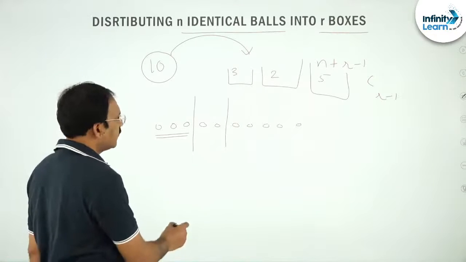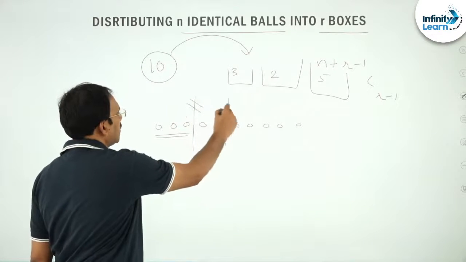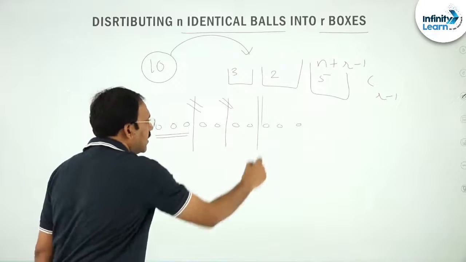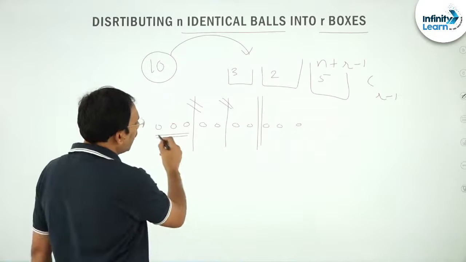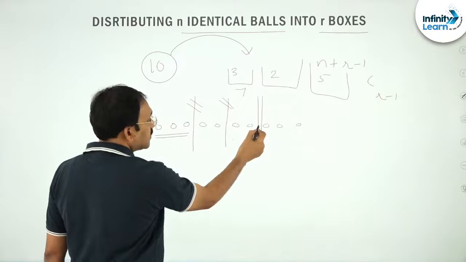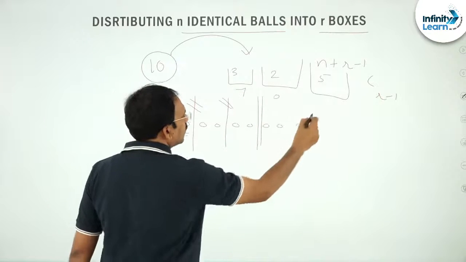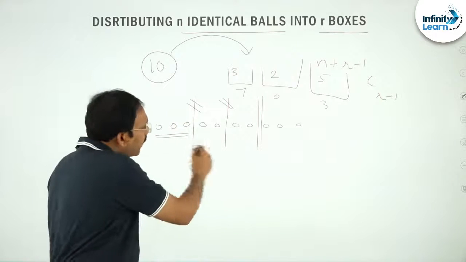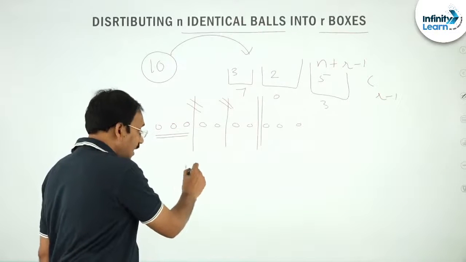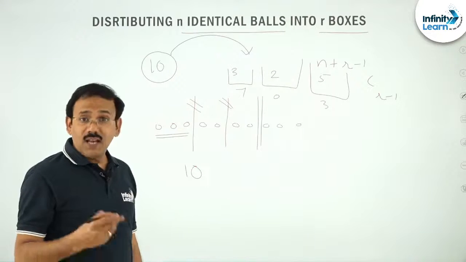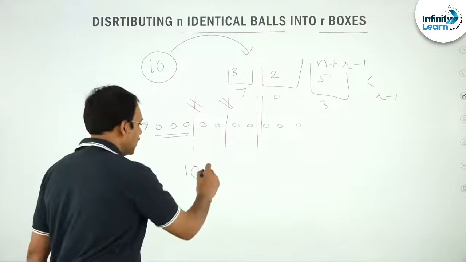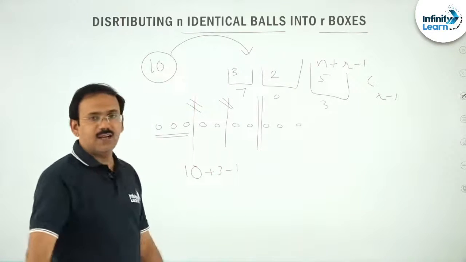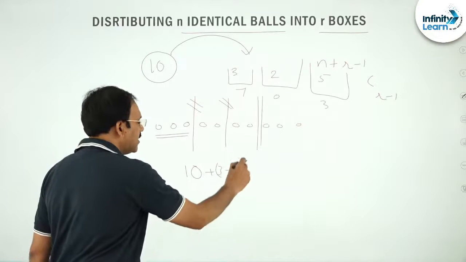Suppose instead of this you have written here and here. So the first box is going to contain 7, second is going to contain 0, third is going to contain 3. So friends, the number of ways of arranging 10 balls, 3 boxes means 2 lines you take, that is 3 minus 1 identical lines. In how many ways can you arrange, friends?